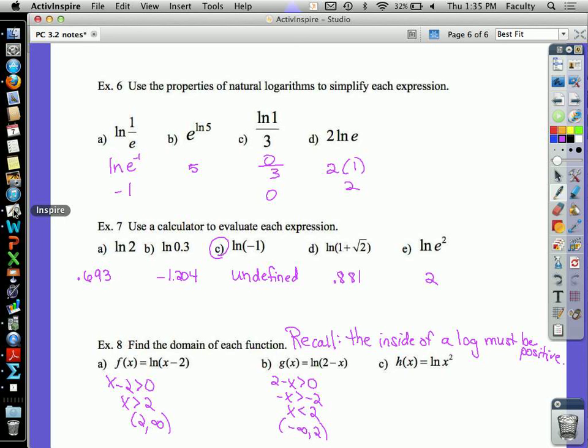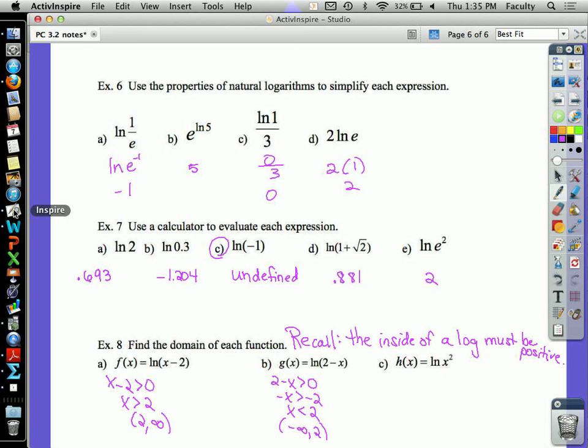What do you know about the inside of this particular logarithm? X squared. Put a negative in there, it'll be positive. Okay, great. If you put a negative inside and you square it, you get a positive. If you put a positive in and square it, it's positive. What's the only other situation to consider?